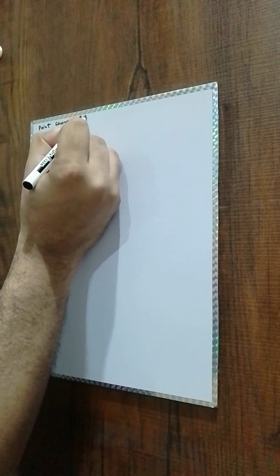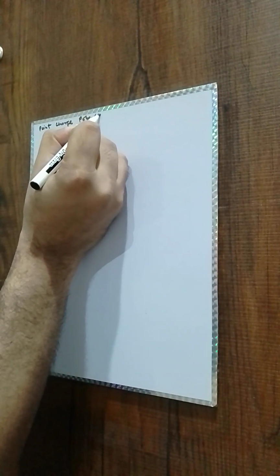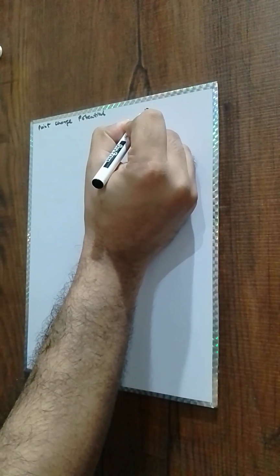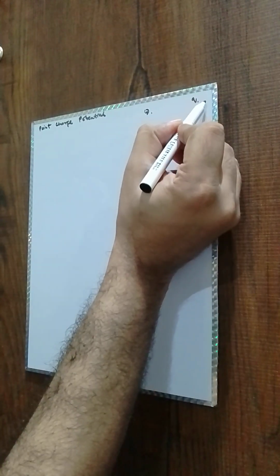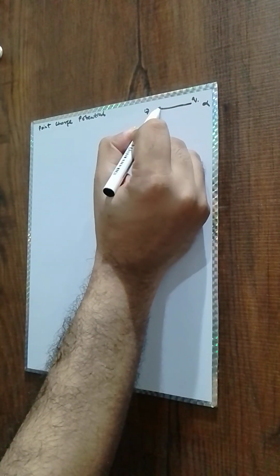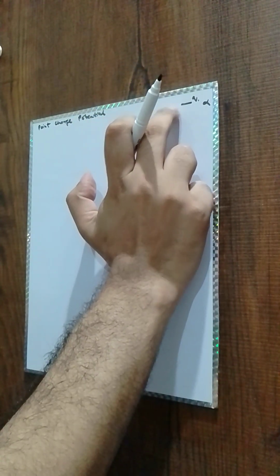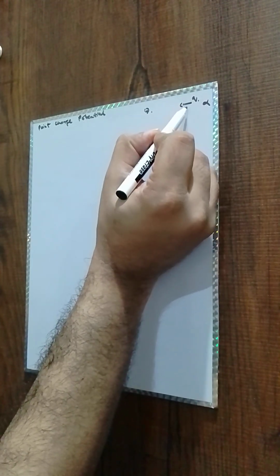In this case, we have basically two charges, capital Q here and small q here, and there is a distance between these two charges, and it starts from infinity, and then there's the differential development of the distances.